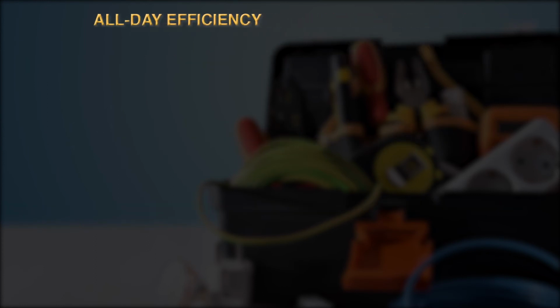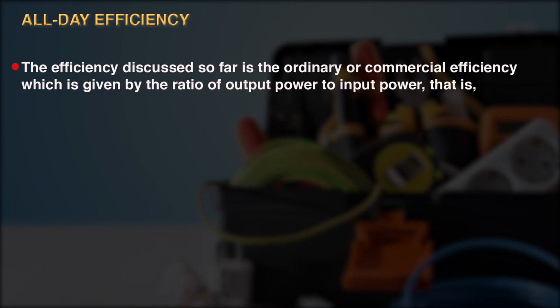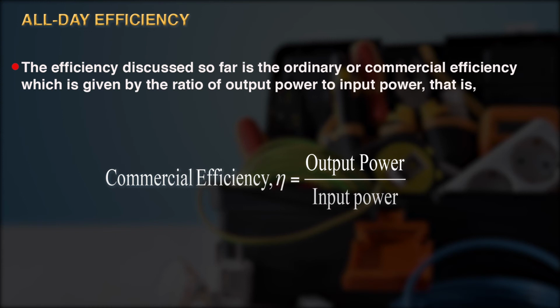Now we are going to discuss the all-day efficiency. The efficiency discussed so far is the ordinary or commercial efficiency, which is given by the ratio of output power to the input power. The load on the transformer fluctuates throughout the day, as you know.